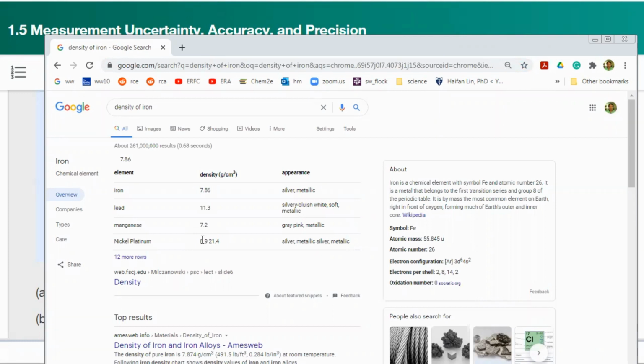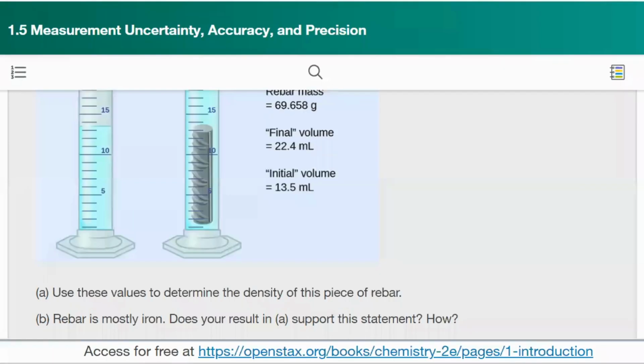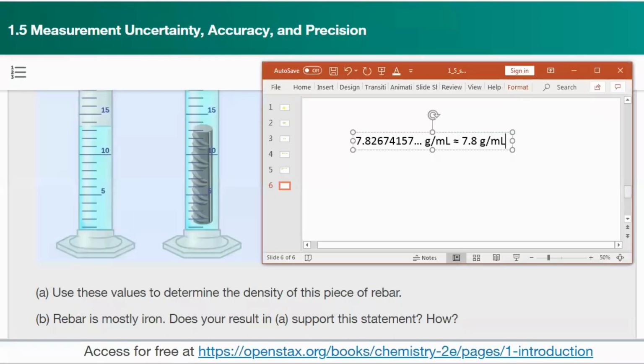Remember, a cubic centimeter is a milliliter. And what number did we get? They had 7.86 grams. We got 7.8. So we're just a little bit less dense than pure iron. I presume there could be some impurities or whatever.